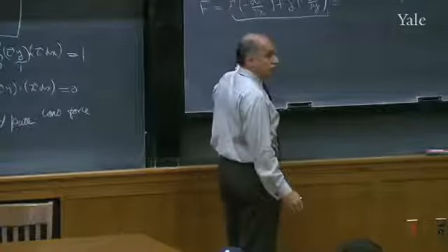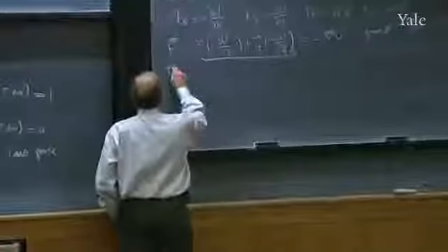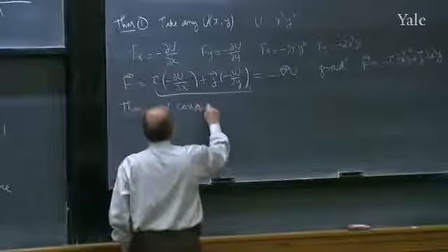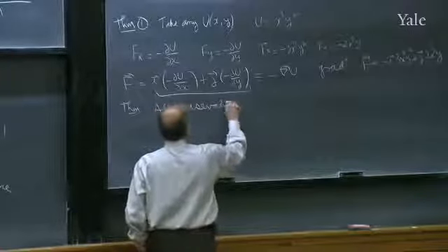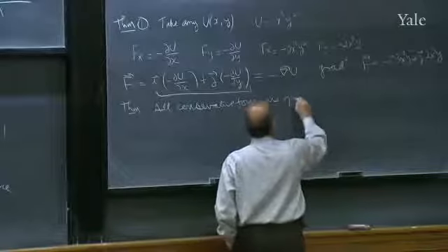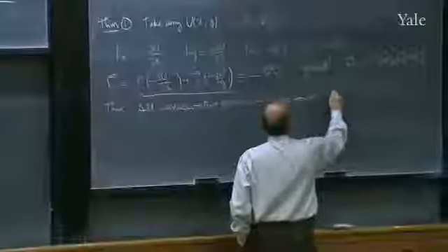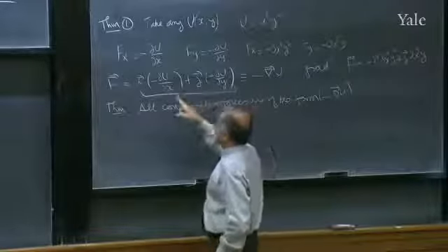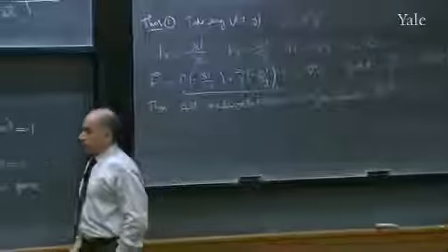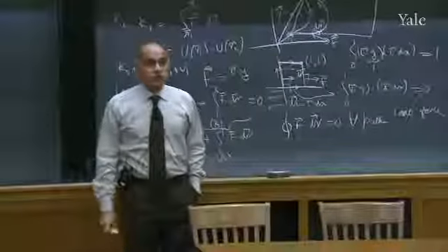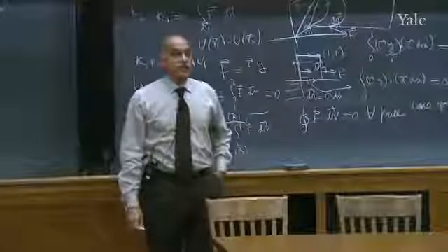I will show you why this works, but the second statement I will not prove, which is that all conservative forces are of the form minus grad u. In other words, not only is this an example of a conservative force, that's it. There are no more examples. Every conservative force you cook up will always be of this form.